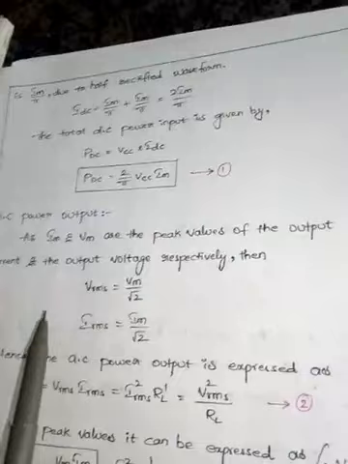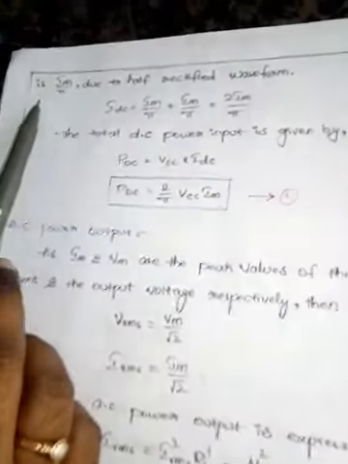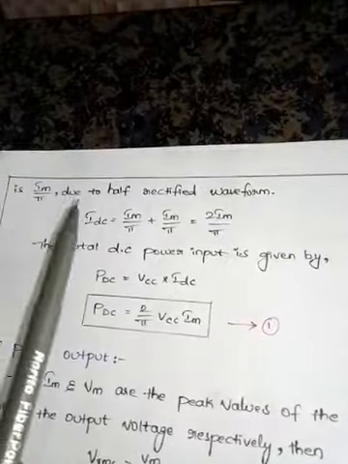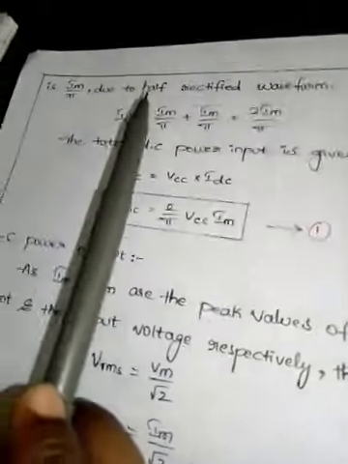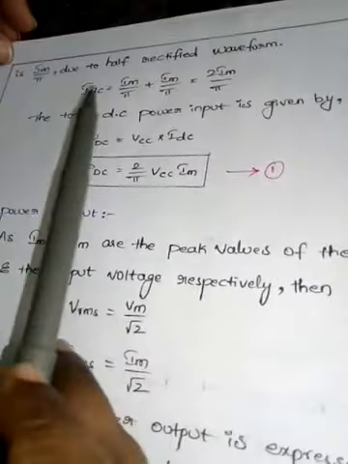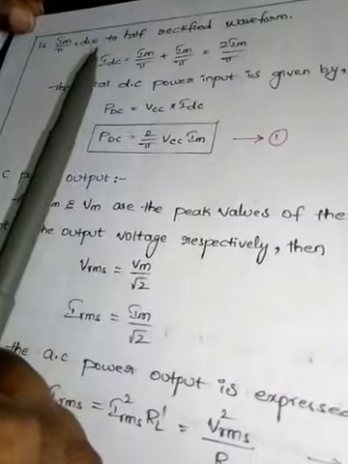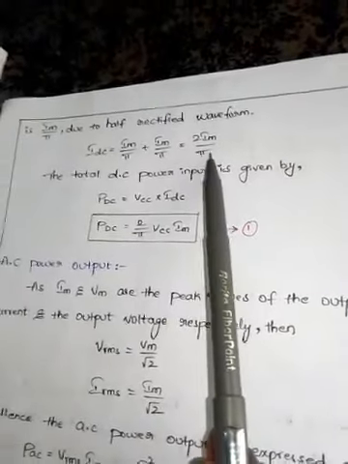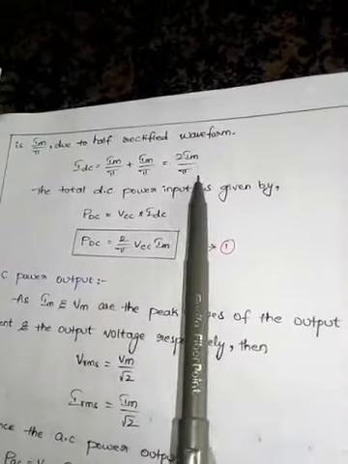For the half rectified output the DC current is Im by pi. Due to the half rectified waveforms, IDC equals Im by pi plus Im by pi, that equals 2 Im by pi.